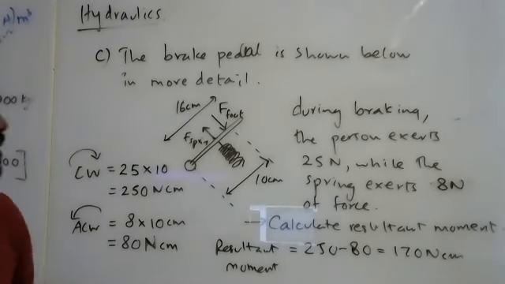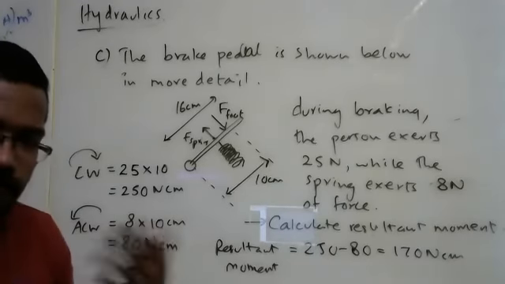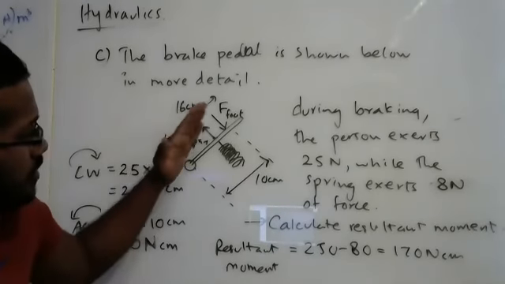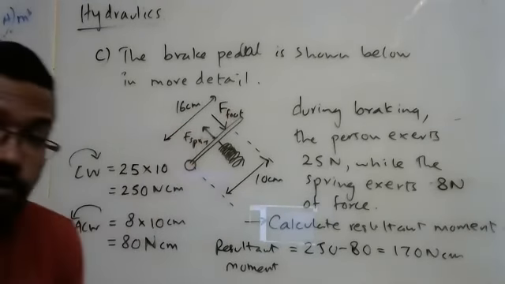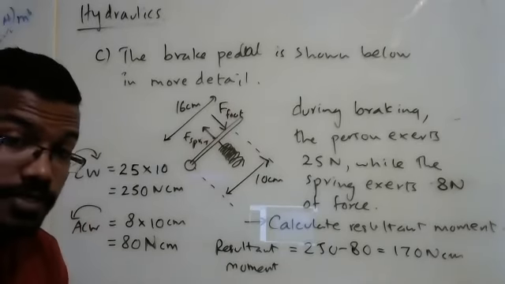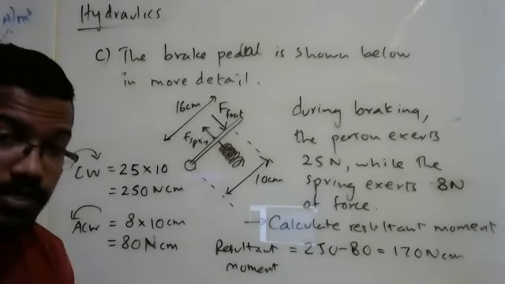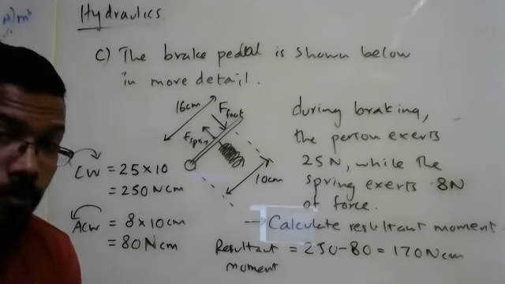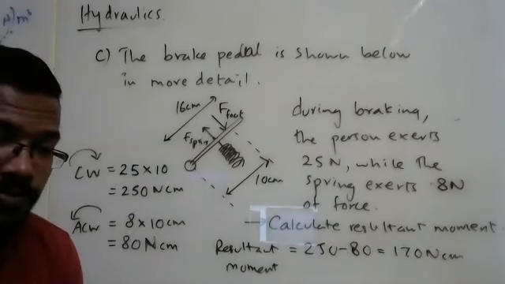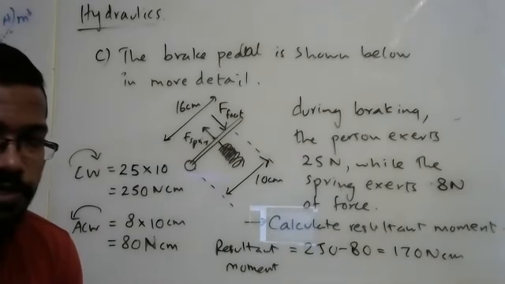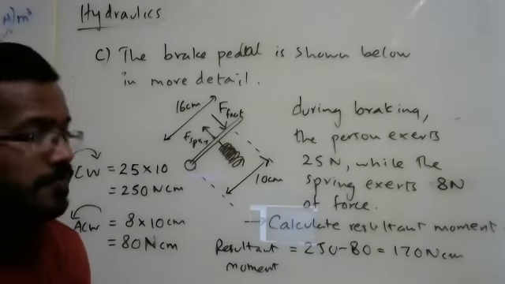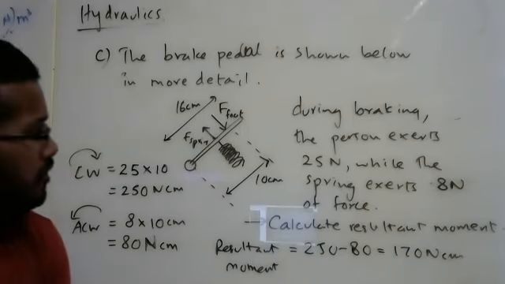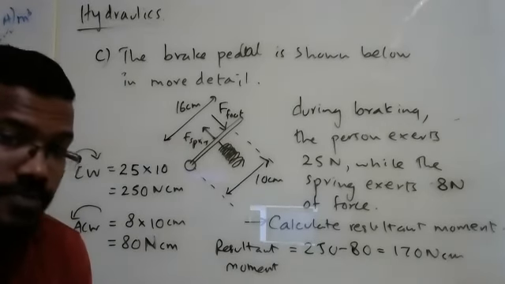Okay, so just revising moments also. An object can only be in equilibrium if the resultant moment is 0. That is the principle of moments. That means when an object is in equilibrium, clockwise moment equals anti-clockwise moment. Also, the resultant force should be 0 as well.